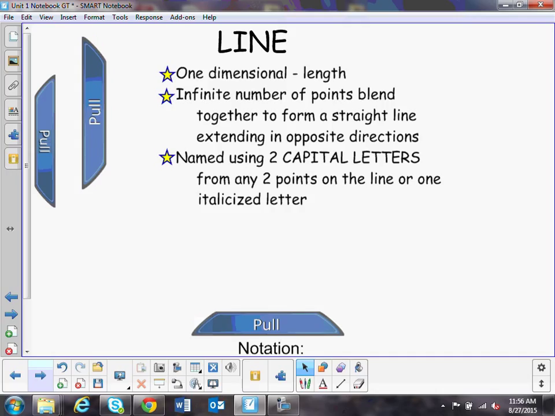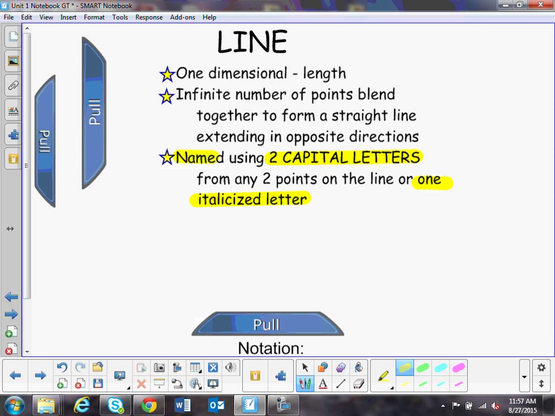They extend in opposite directions. The way you name this is with two capital letters. Naming is important. Two capital letters with any 2 points on the line, or one italicized letter.